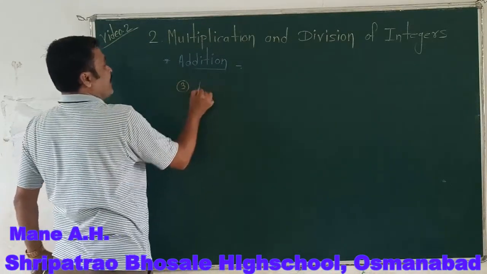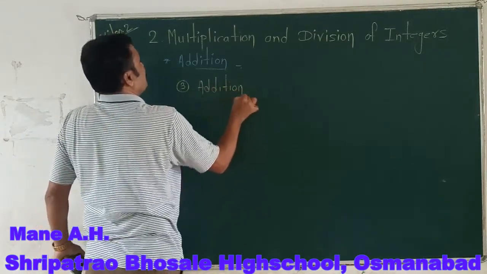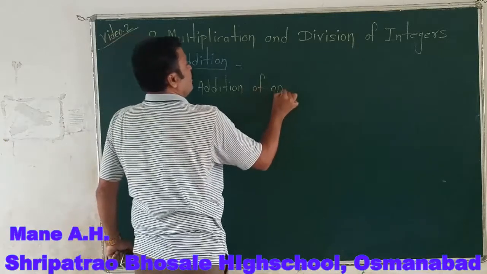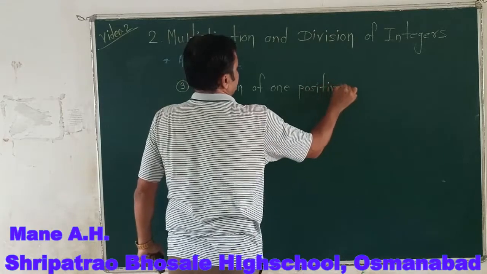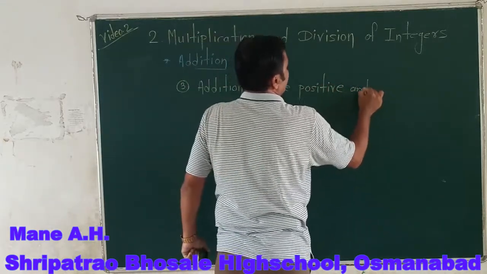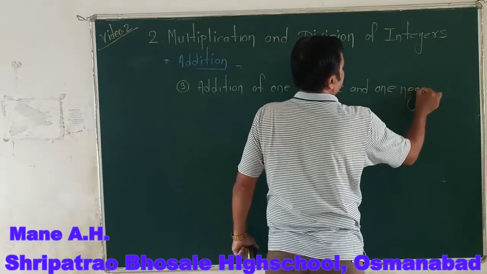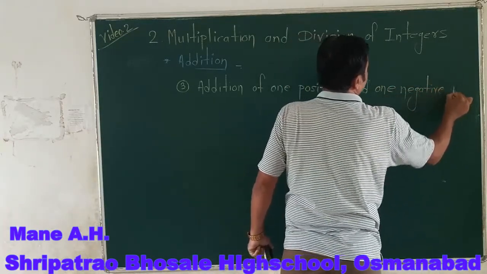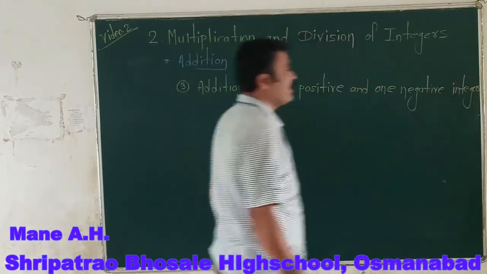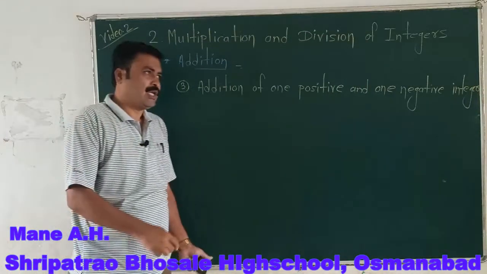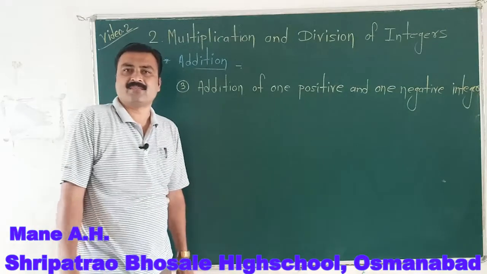Its title: addition of one positive and one negative integer. Now this is somewhat the most important condition. ही सगळ्यात महत्त्वाची अट आपल्यासाठी, कारण ह्याच अटीचा वापर पुढे आपल्याला रॅशनल नंबर्स परिमेय संख्यांमध्ये करायचा आहे.